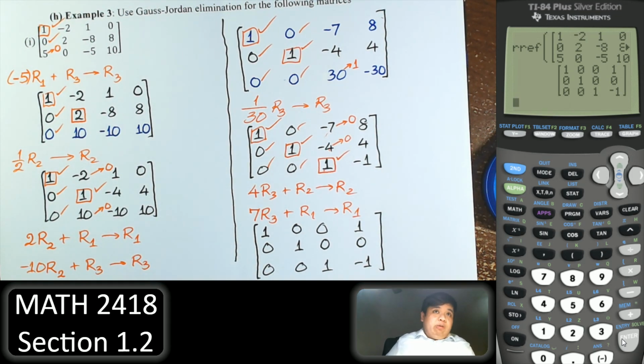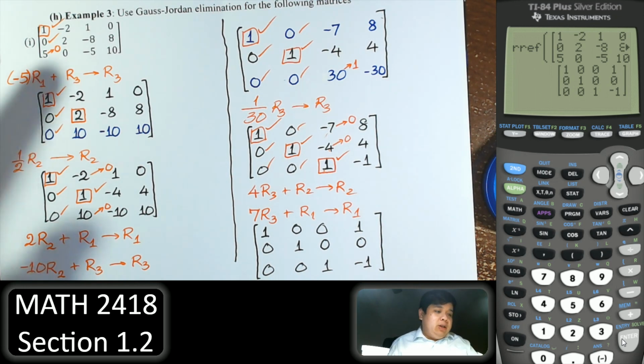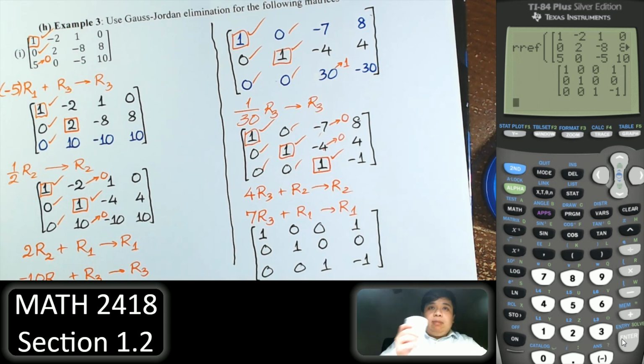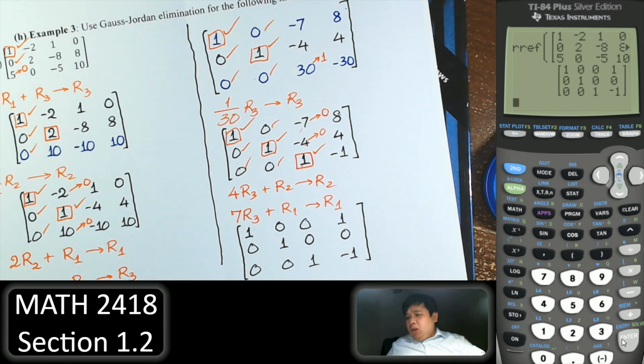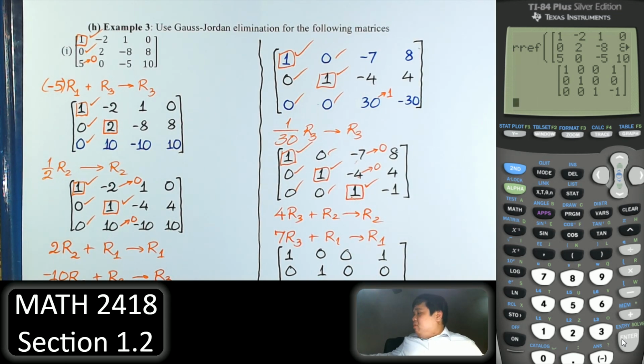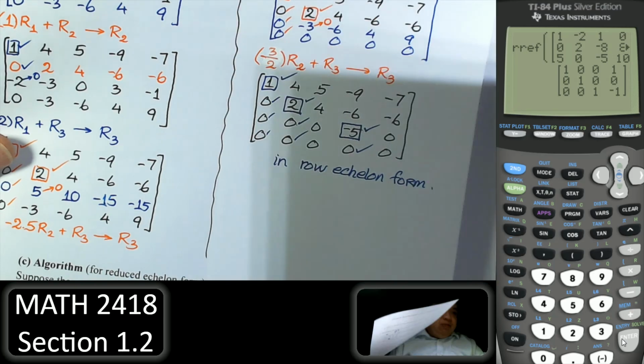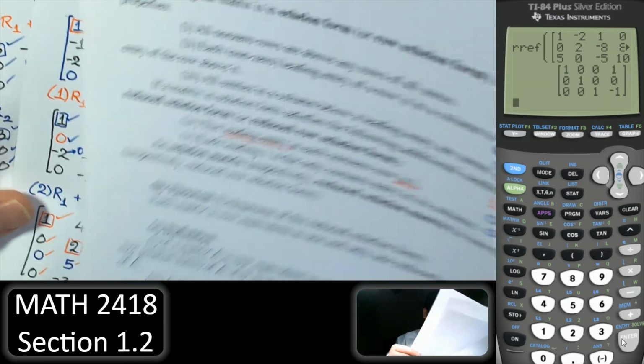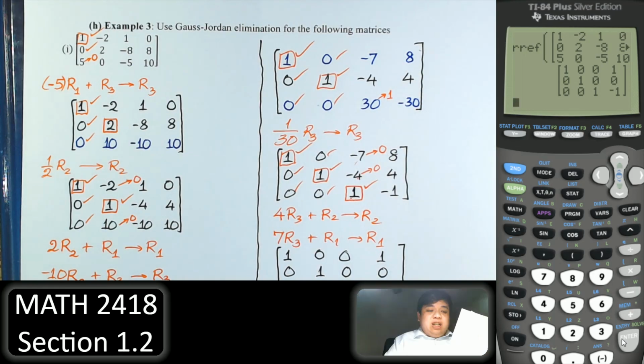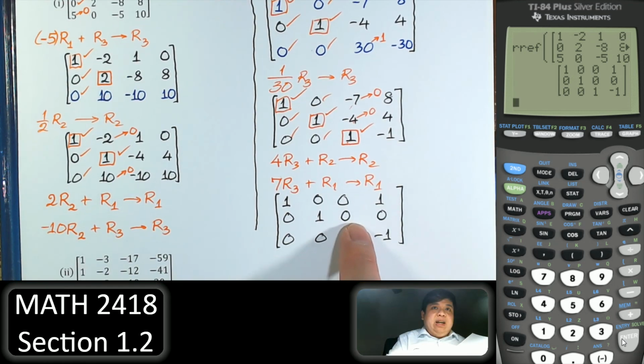Reduced row echelon form is unique. After this section, most of the math in this class, we're just going to use reduced row echelon form. So what we had earlier about the echelon form and reduced row echelon form, you just need to know how to get from here to there.